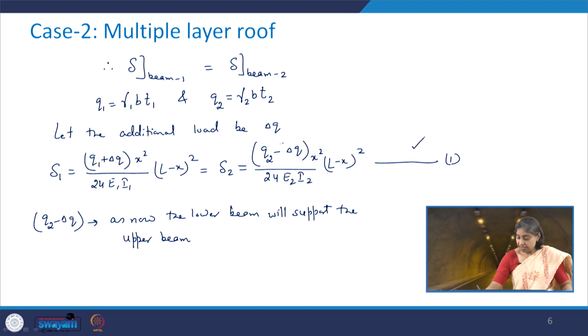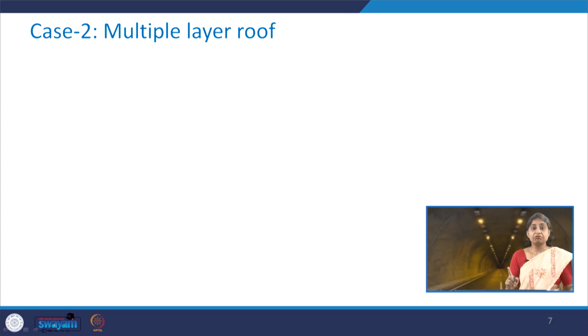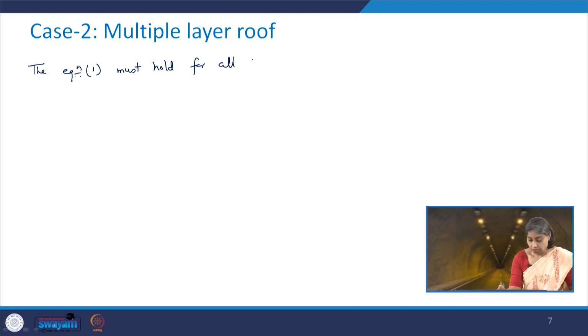So this is how we get equation 1. Now this equation 1 will hold good for all the values of x. So equation 1 must hold for all the sections along the length of the beams.